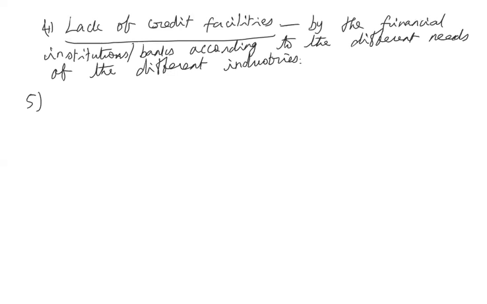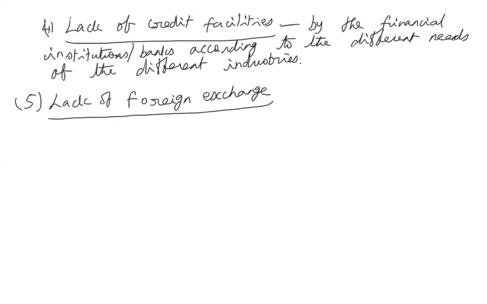And the next one is the lack of foreign exchange. Industries require modern technology. They require the latest technology, isn't it? So the latest technology you have to import from foreign countries. In order to import it, we require a sufficient amount of foreign exchange.